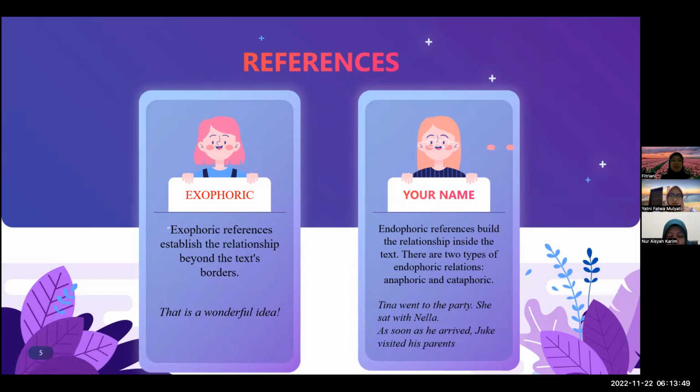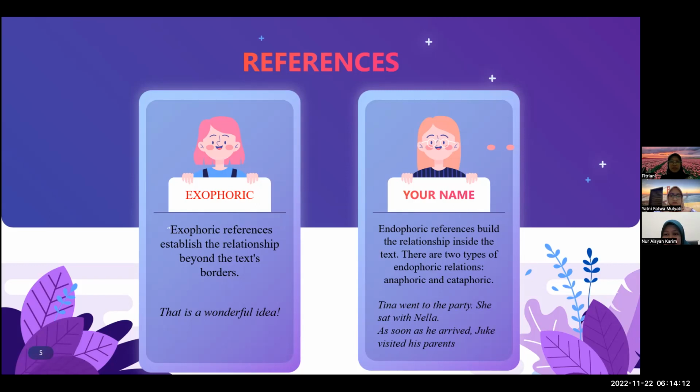The first one is exophoric, which means the relationship beyond the text border, and the second one is the opposite of exophoric, which means endophoric.